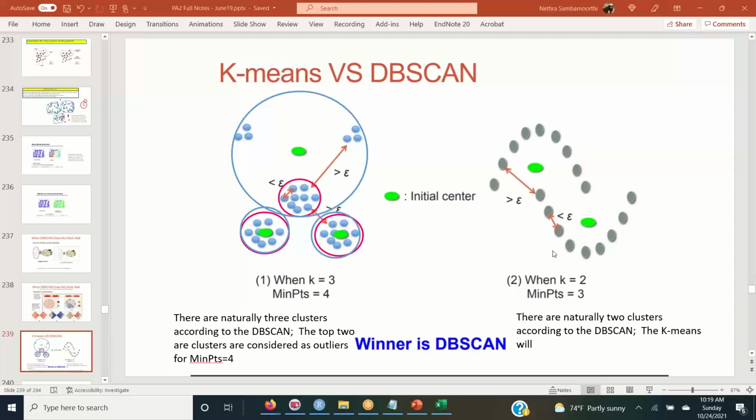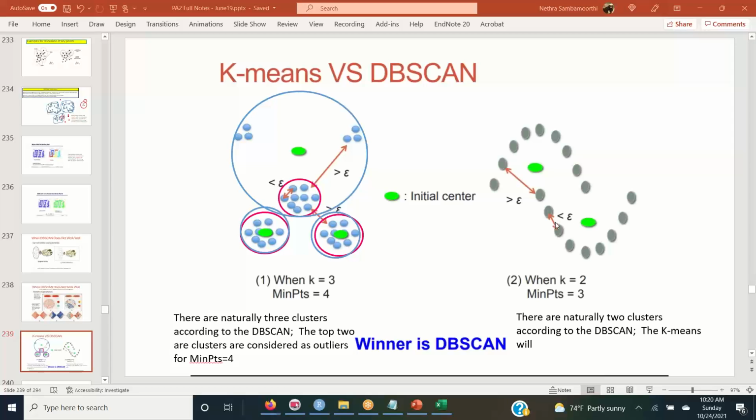But then if you look at this one, there are naturally 2 clusters here, and according to the DBScan, this will be identified as 2 clusters clearly. If epsilon is more than the distance between these points, the average distance seems to be almost the same, right?